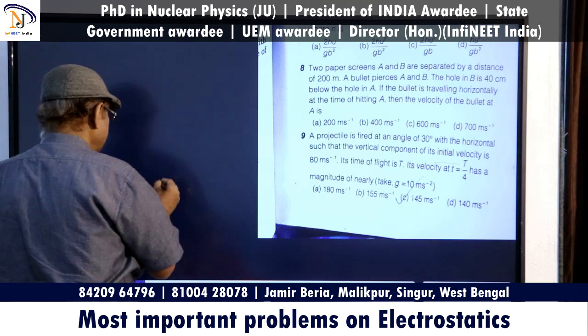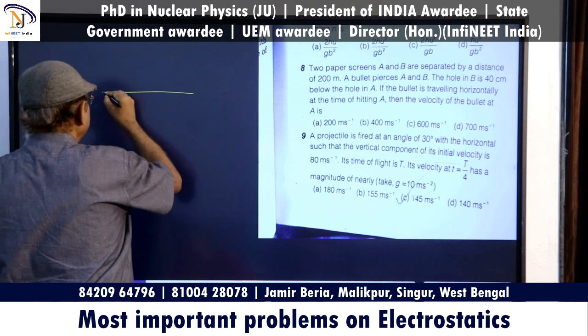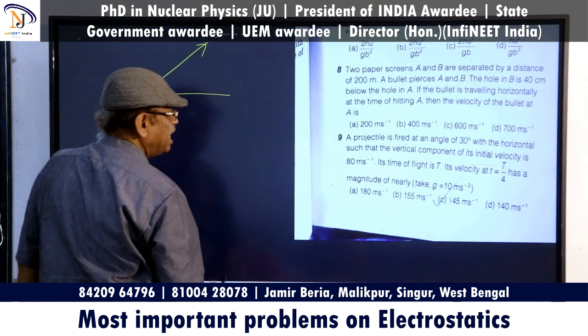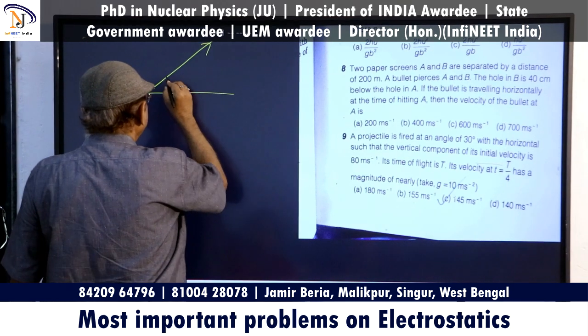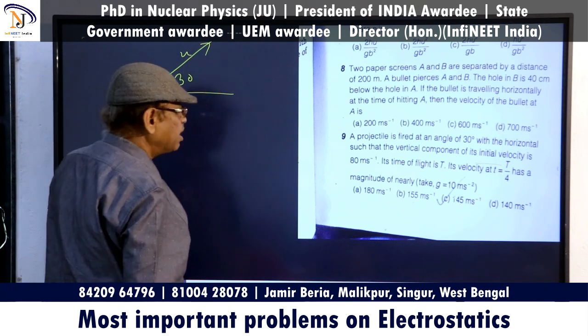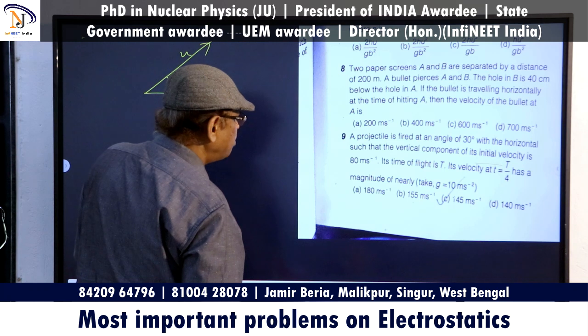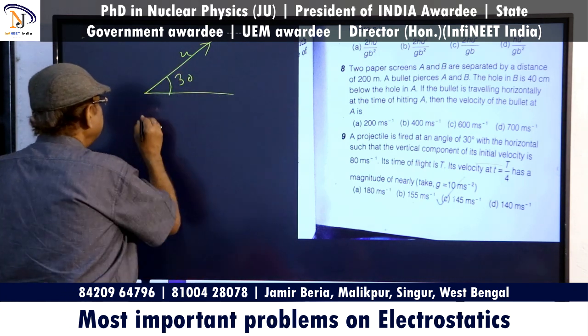It is projected with which angle? 30. If it is u, what is the vertical component? The vertical component of initial velocity is 80.